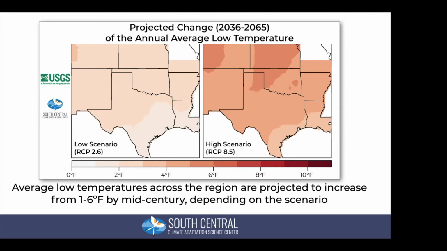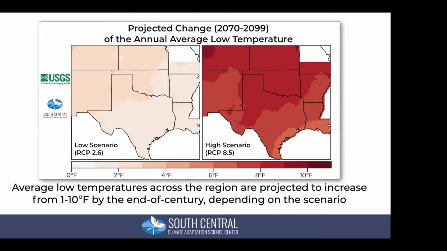And in the high scenario, average low temperatures are projected to increase from 4 to 6 degrees Fahrenheit by mid-century. The increases are smaller near the Gulf Coast and increase gradually as you move northward.